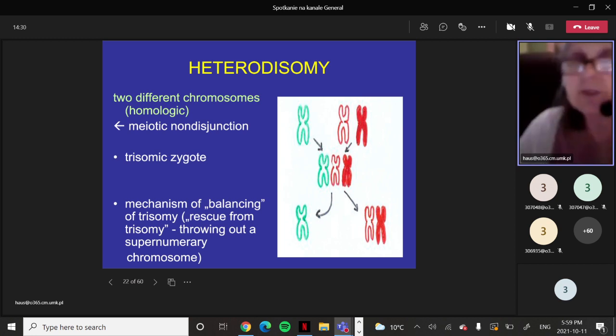So, for example, this father has hemophilia or Duchenne muscular dystrophy or another X-linked disease.